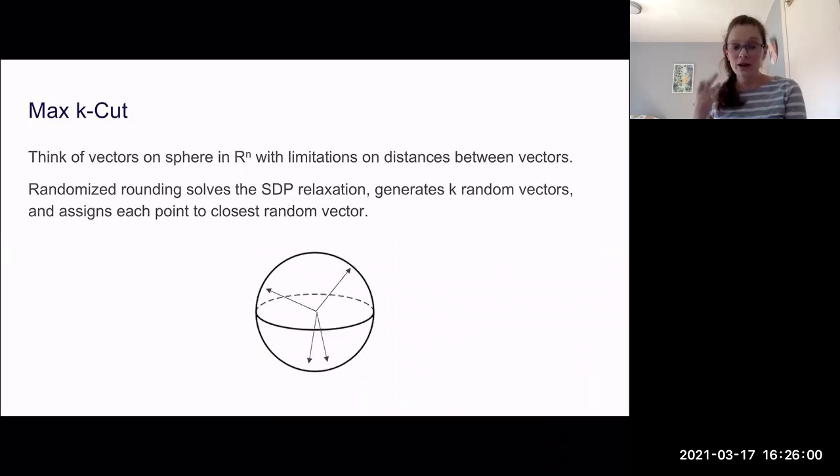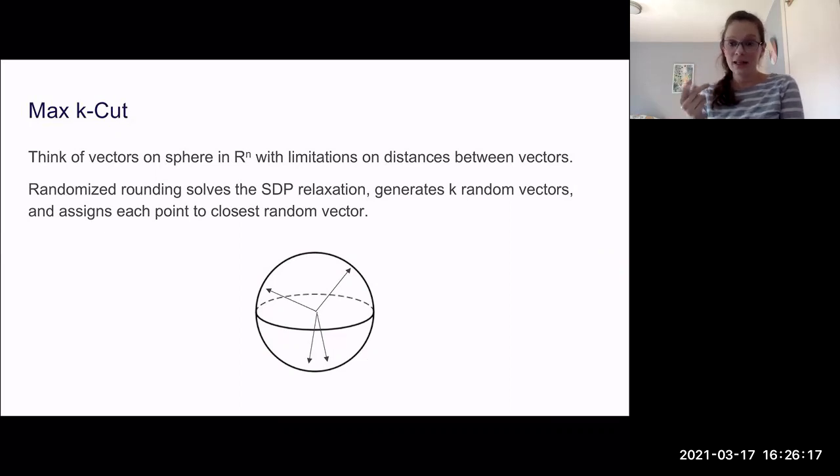A way to visualize this is that we've allowed each data point to be a vector, where the ones that are close together are the ones that we want to be in the same cluster, and the ones that are far apart are the ones that we want to be in different clusters.